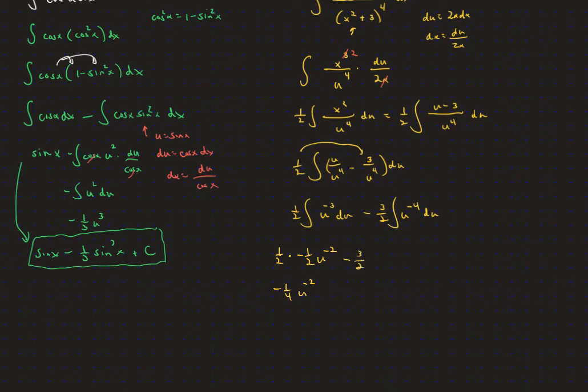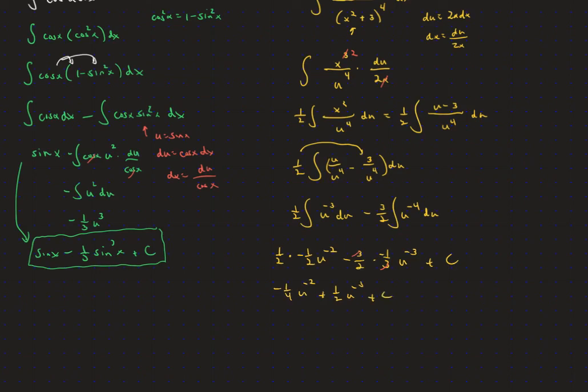We've got the minus 3/2 hanging out. We're going to add 1 to the negative 4 and multiply by its reciprocal. And so it looks like those 3's can cancel for us. And so that's going to be, negative times negative is a plus, 1/2 u to the negative 3 plus c. So now you get a choice.